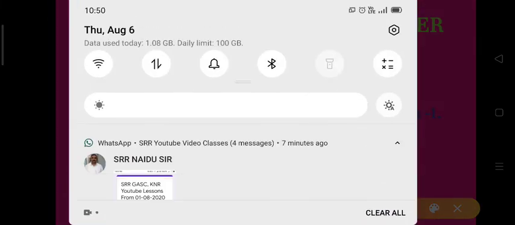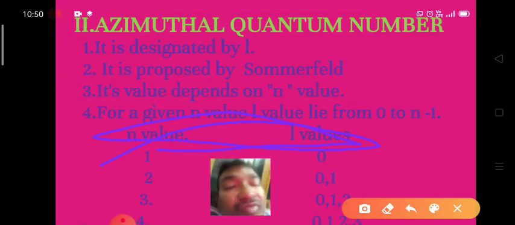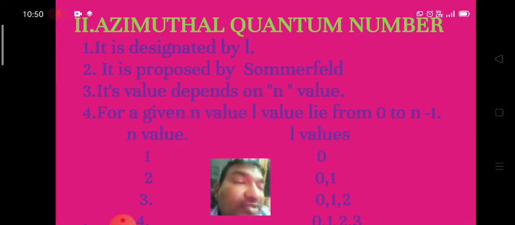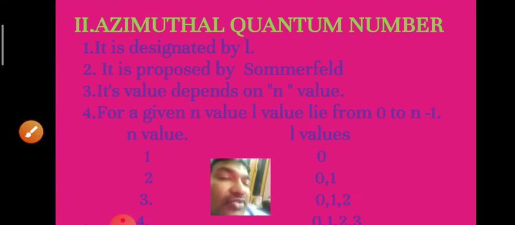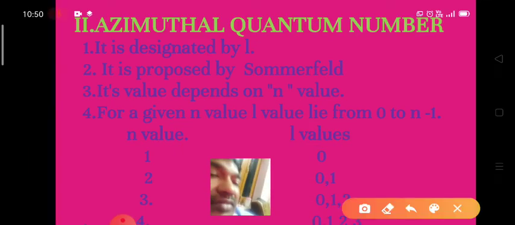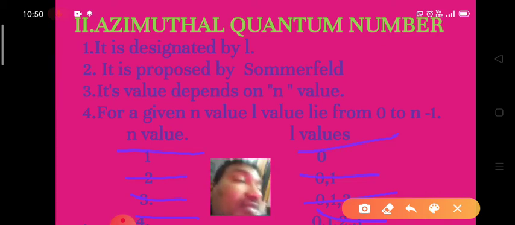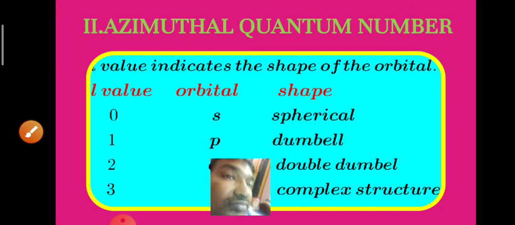If n is equal to 4, then l gets 0, 1, 2, 3 values only. For 4 we have 4 values, for 3 we have 3 values, for 2 we have 2 values, and for 1 we have only 1 value.